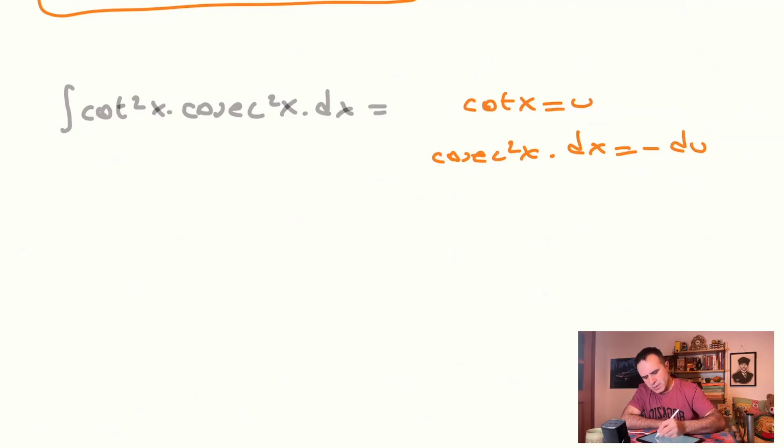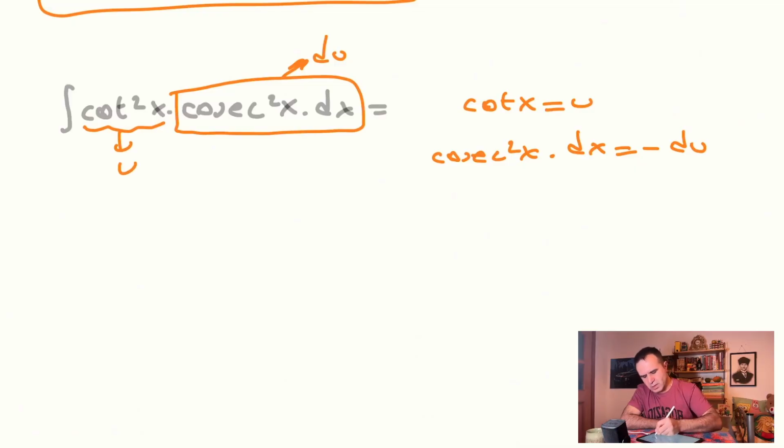Then I will call this part du, and this part u. And the integral becomes the integral of u times minus du. Take this minus out of the integral.